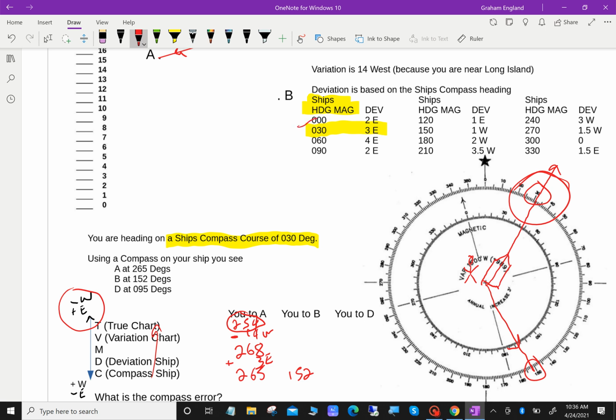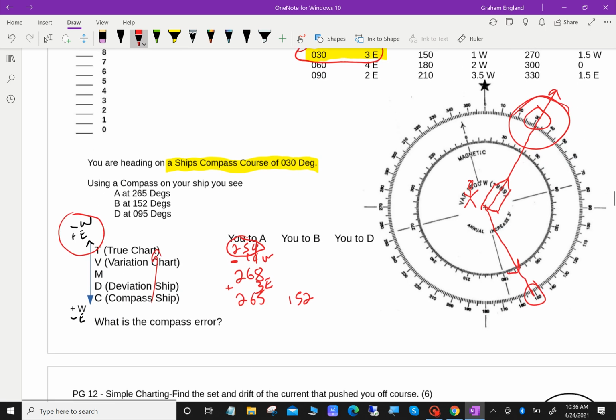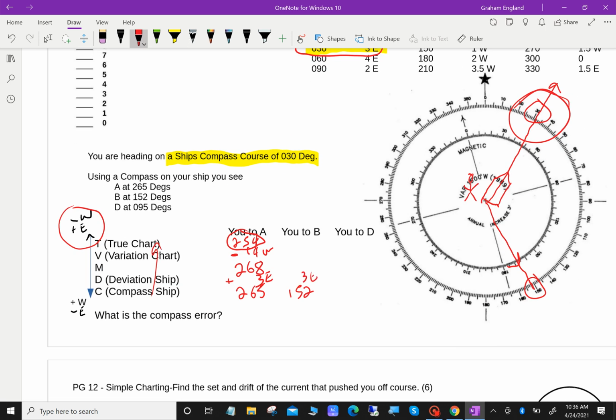So I'm still using the 3 east. So 3 east. I'm going up. So going up, I add east because I looked at it over here. Didn't think about it. I just looked at it. So that's 155.